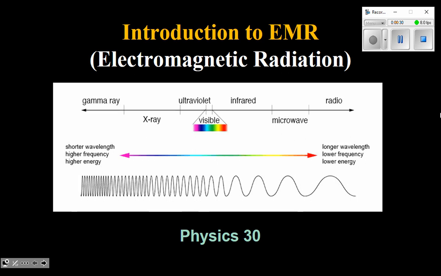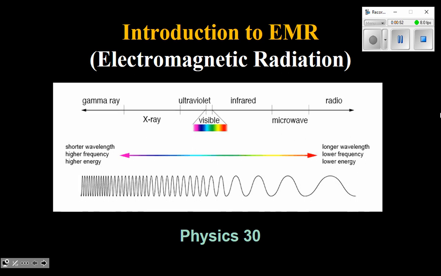There will be a bell work at the end, but it is just pure theory, as will tomorrow's. Today is just a general introduction from one of my PowerPoint notes, and then tomorrow we'll start delving into the workbook itself on 5.1, page 185. But for today, just an introduction to EMR.